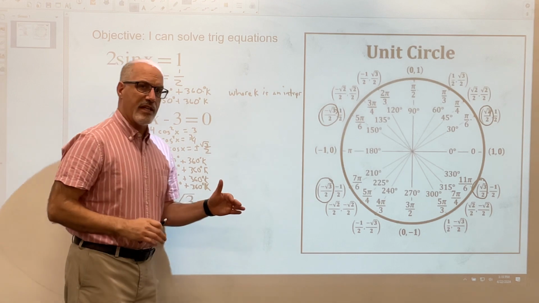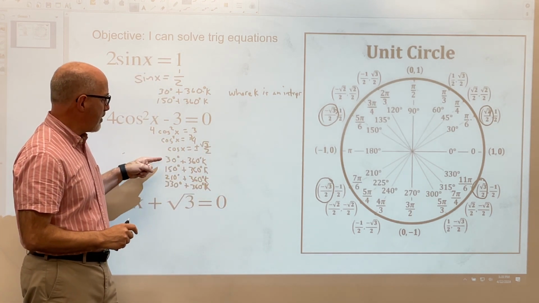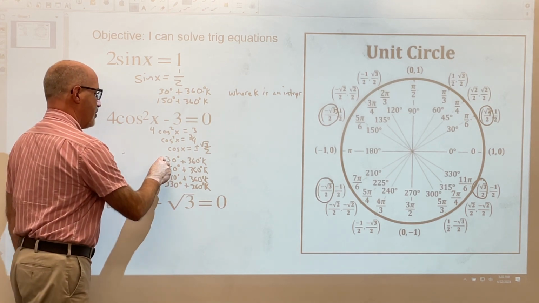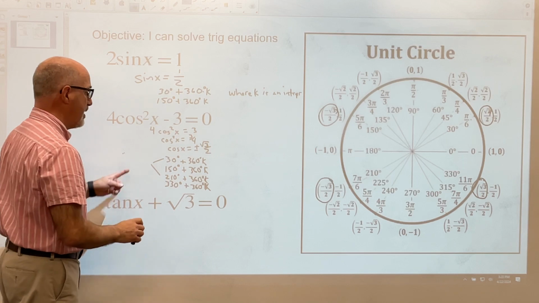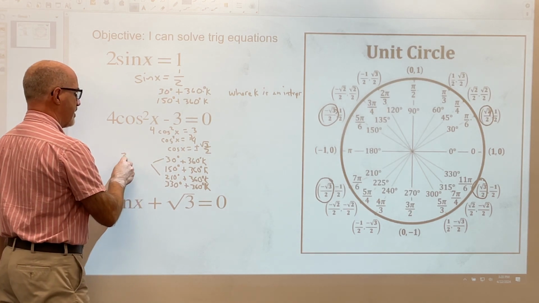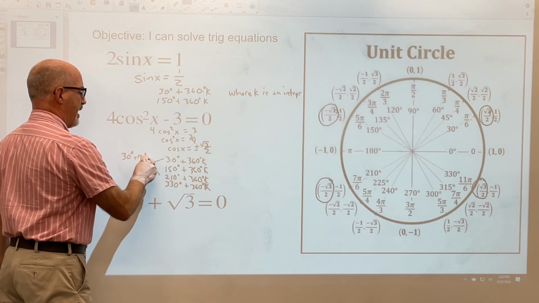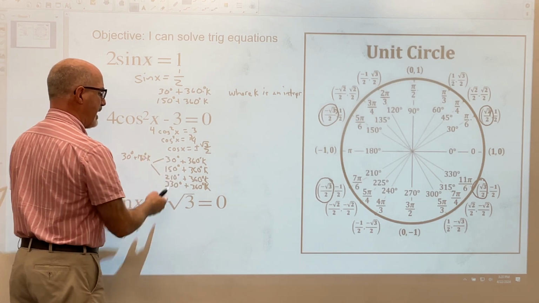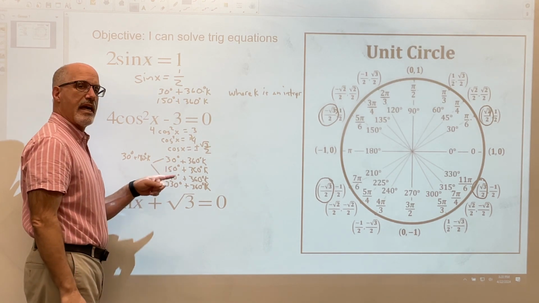I can really reduce it down a little bit, because if you notice, 30 plus 180 is 210. So I could make this instead 30 degrees plus 180 degrees times k, because if I add 180, I'll get that. And if I add another 180, I'll go to the 360 added onto that.